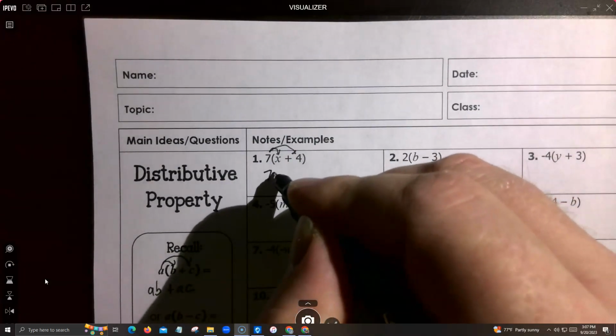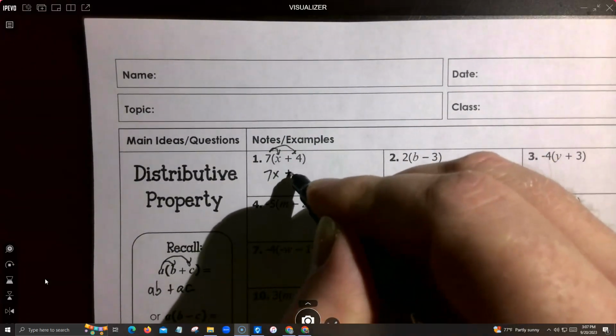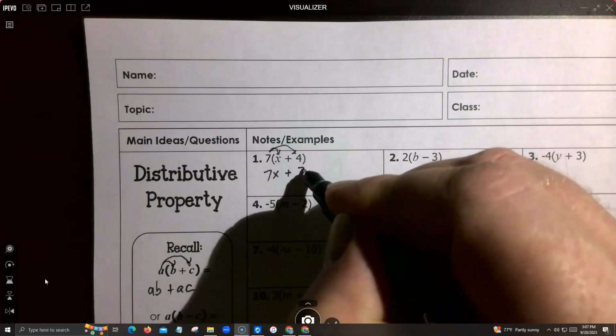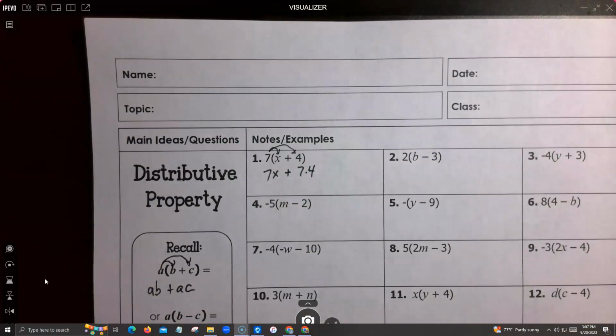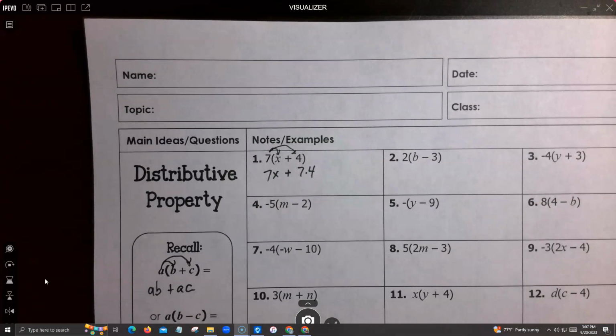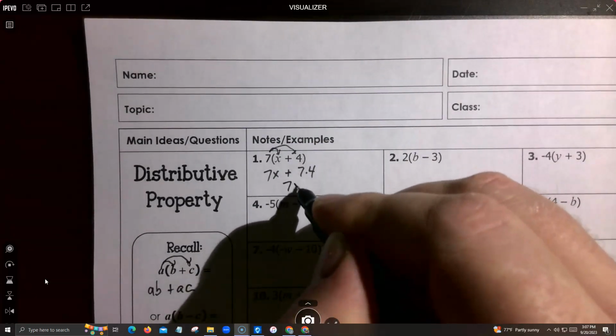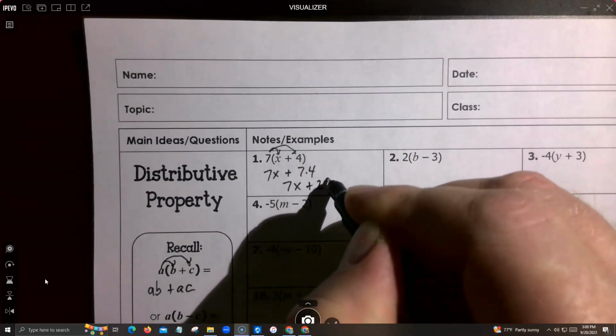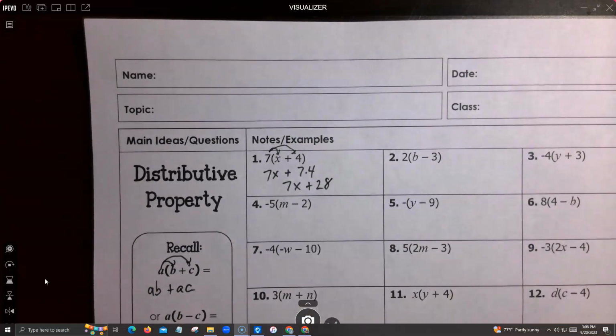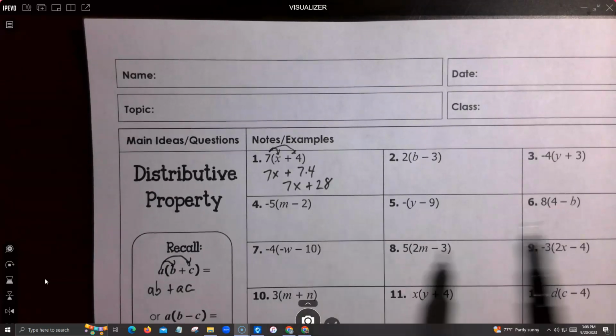So I'm doing 7 times x plus, because there's a plus there, 7 times 4. So 7x plus 28. Now, as we talked about in the last lesson about combining variable terms and constant terms, there isn't anything to combine, so I would be done here. I won't have to do anything else.